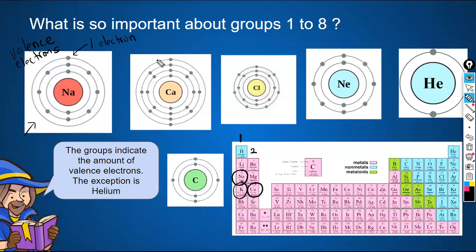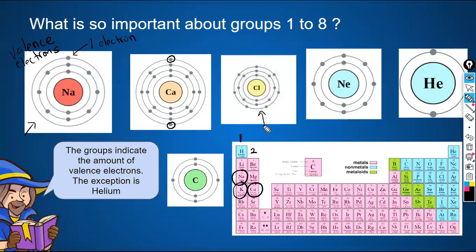When you draw calcium, you all notice how many electrons it has on its last shell? It only has how many? 2. And that is why you put calcium in group 2. Everybody in group 2, when you draw it, you will get 2 valence electrons, 2 electrons on its last shell.